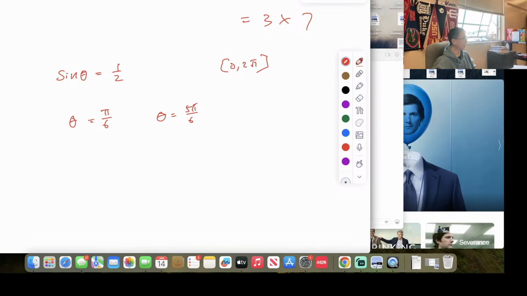It's going backward because there are two terms: pi over 6 and 5 pi over 6. Okay, so let me ask you to solve one. I want you to solve for theta here.